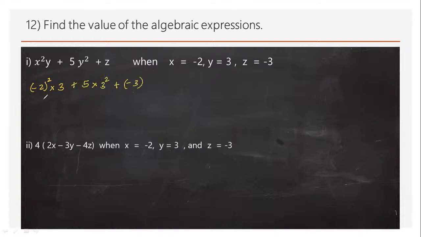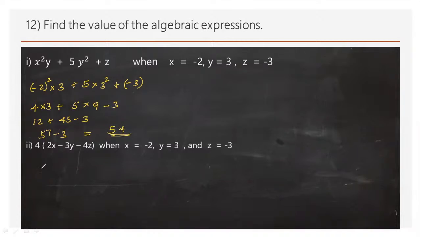You have to include the signs correctly, right? Minus 2 squared means minus into minus is positive, right? 2 times 2, plus 4. 4 times 3 plus 5 into 9. 3 squared means 9 plus into minus, minus 3. 4 times 3, 12 plus 45 minus 3. 5 and 2, 7, 57 minus 3. What is the answer here? 54.